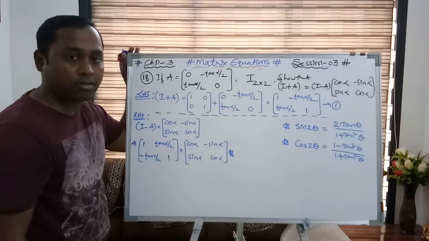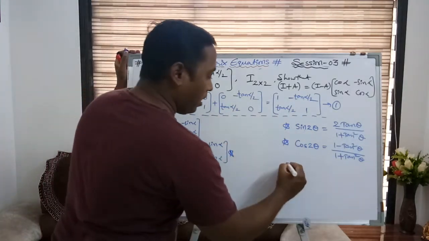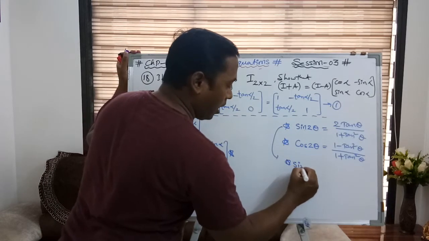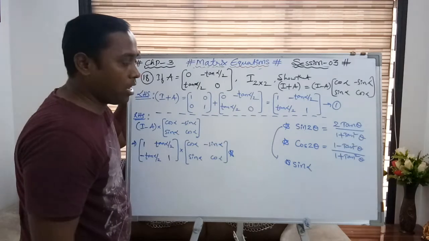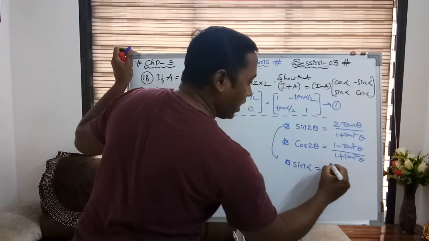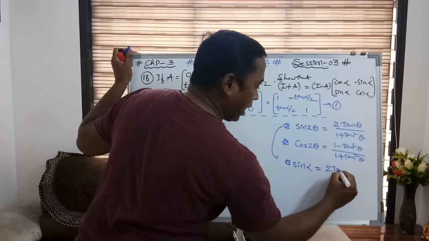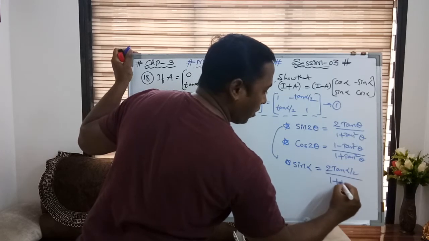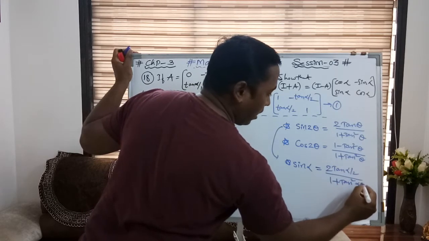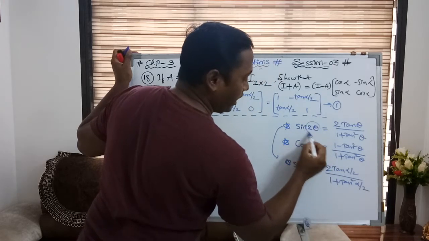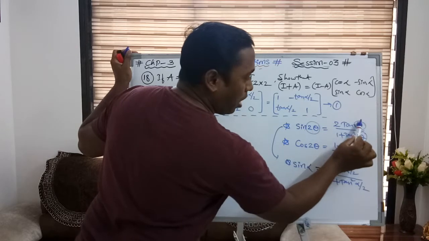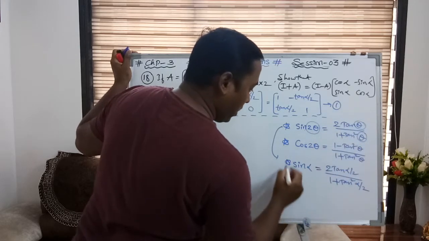Getting? So now I can convert this sin alpha cos alpha in terms of tan with the help of these two formulas. Sin alpha can be written as 2 tan alpha by 2 by 1 plus tan square alpha by 2. Here 2 theta becomes alpha, so theta is alpha by 2, half of this angle.